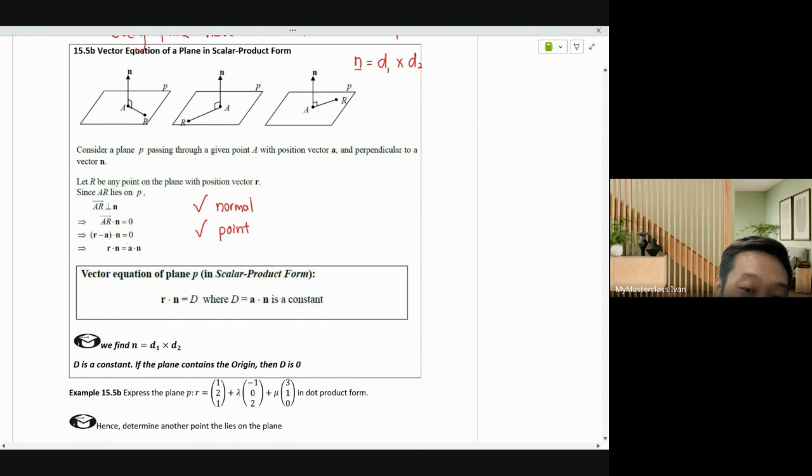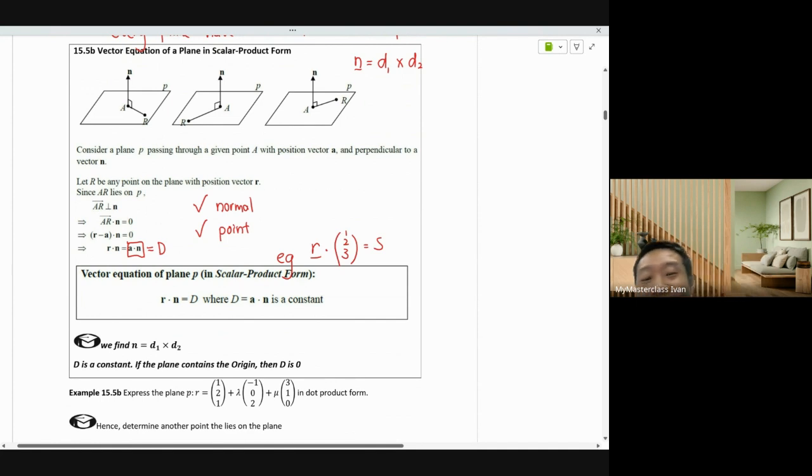Okay, this A dot N will give you equals to a constant D. So that's why usually we write as R dot N is equals to D. So for example, write down example is like R dot 1, 2, 3 equals to 5. This is another way of writing an equation of the plane.